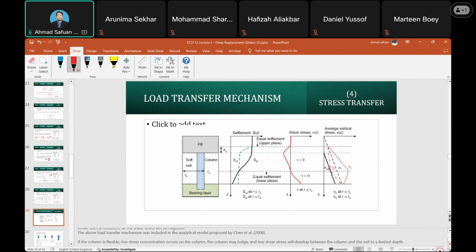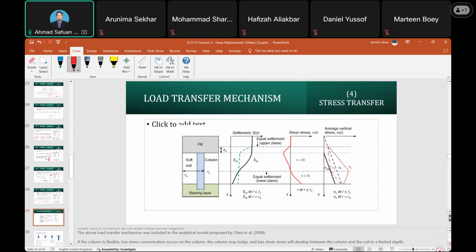If the column is flexible, a low stress concentration occurs on the column. The column will bulge and less shear stress will develop between the column and the soil to a limited depth. So this is to show the stress transfer mechanism.